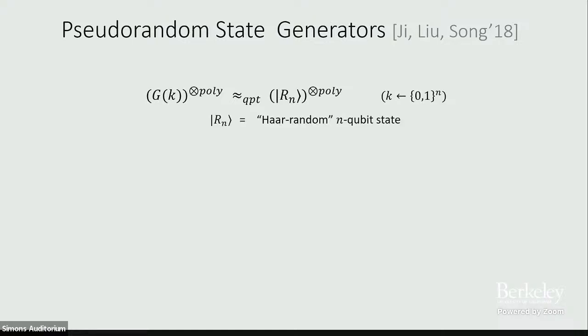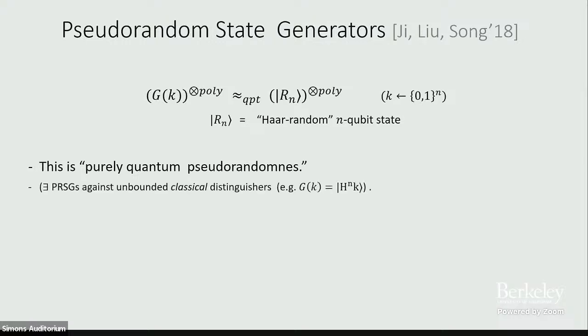Again, I'm going quickly and trying not to repeat too much, but the point I want to make is about this sort of state generators that Mark was talking about. Superficially, it looks very similar to the definition of a PRG, but this is really something which is purely quantum pseudo-randomness.